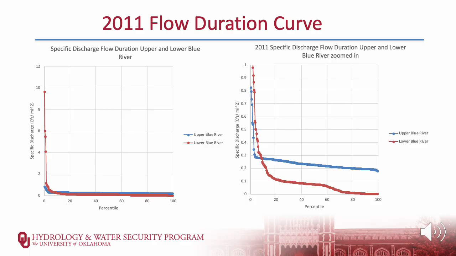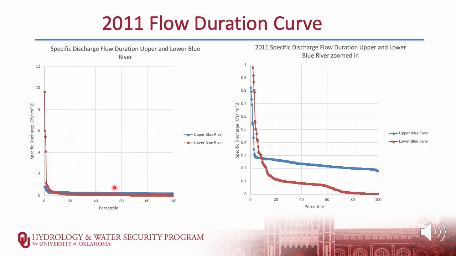So after ranking the specific discharge values by percentile and plotting them on a flow duration curve, this is the result. On the left here, you can see the red is the lower Blue, and the blue is the upper Blue. The red, you can see up here, has a much higher first percentile; the top 10 percentiles are all way above the upper Blue.